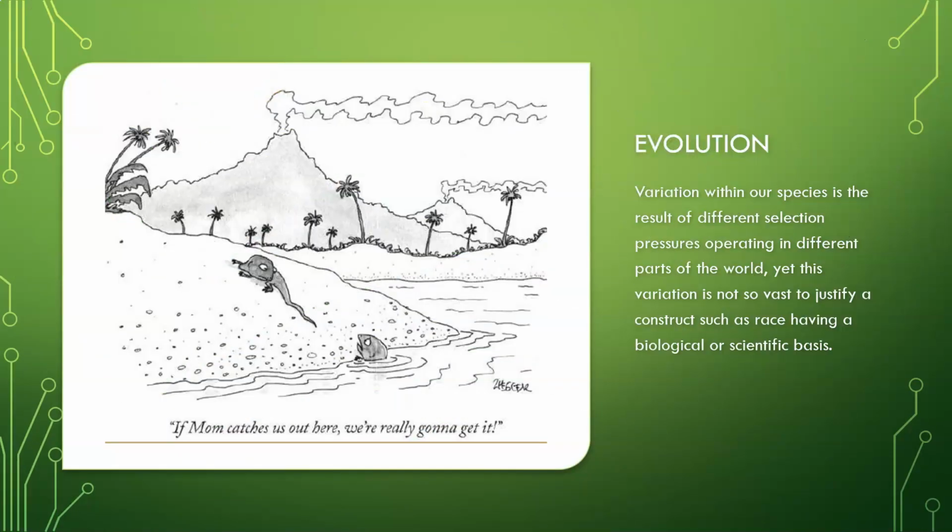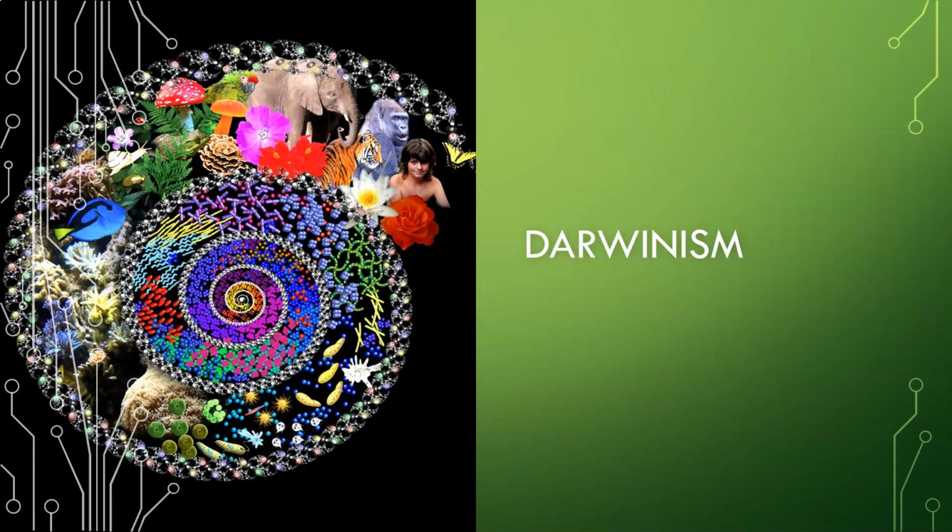Now, variation within our species is the result of different selection pressures operating in different parts of the world. Yet this variation is not so vast to justify a construct such as a race having biological or a scientific basis. Okay, so we'll further look into this. This is just introducing this whole concept of evolution to you, not just variation.